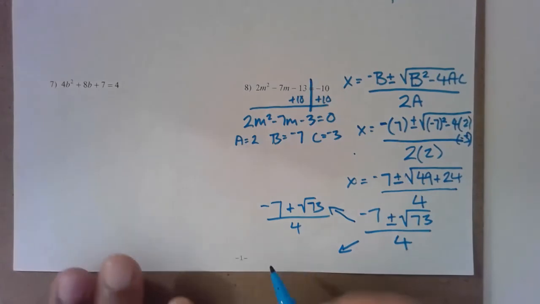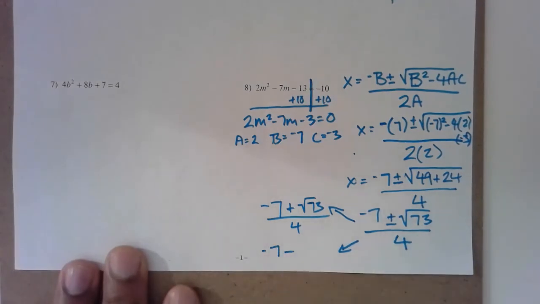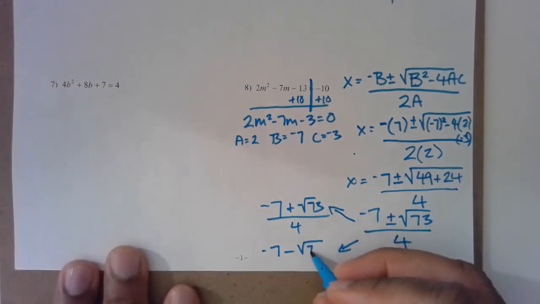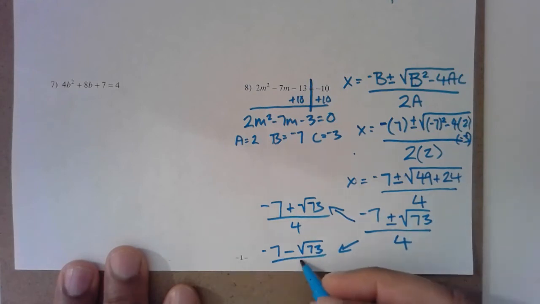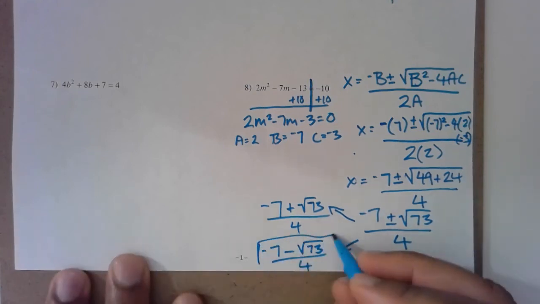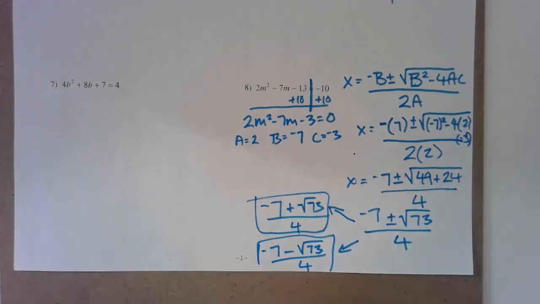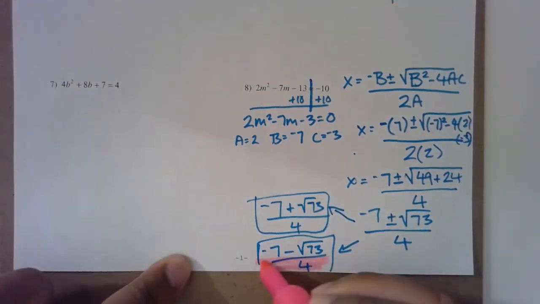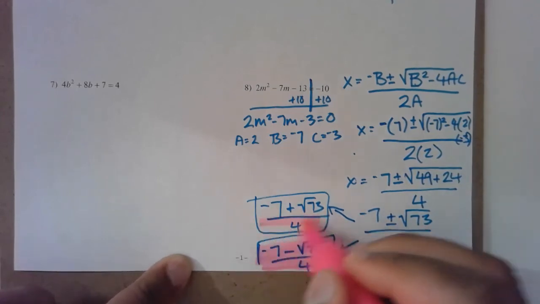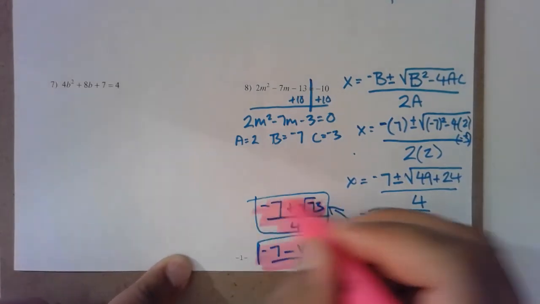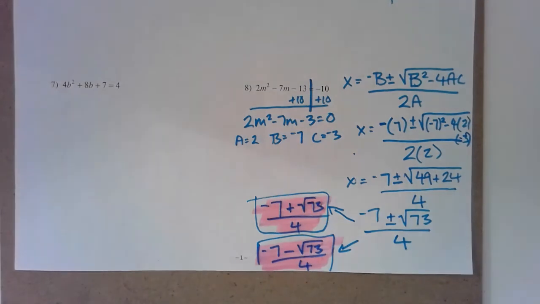And then my other answer is just -7 minus the square root of 73 over 4. And we can just keep it like that. So for this assignment, I really just want you guys to get practice using the quadratic formula so you don't have to break it down all the way necessarily. If you can get to this part, I'm totally fine.